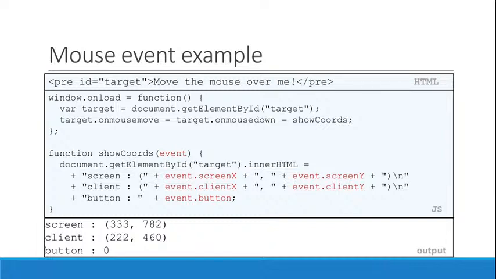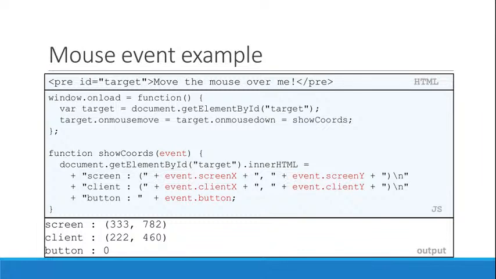In the window.onload function, you have a target variable, which is the object referring to the element that has the ID target, which means we are referring to the pre tag. And target.onmousemove is equal to target.onmousedown. So on mouse move and on mouse down we are handling it with the showCoordinates event handler.